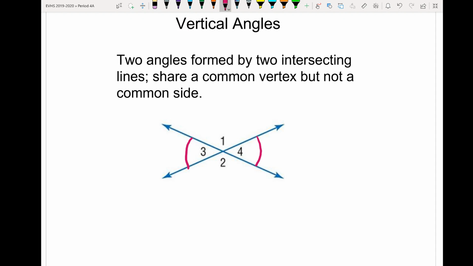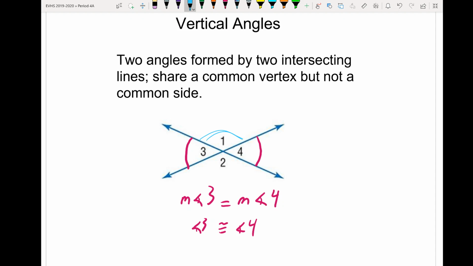Now, the other thing is that the measure of angle 3 is congruent to the measure of angle 4. By the way, it's the first time I've thrown out the little M. This stands for measure of. How many degrees is it? Actually, take it back. The measures are equal. However, the angles are congruent.